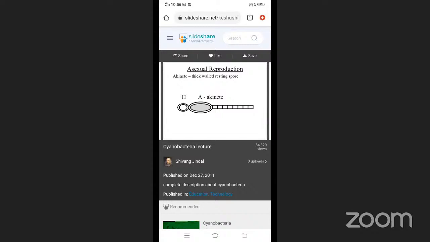So in the actinides, what happened here? Any intercalary cell or terminal cell of the thallus develops a very thick cell wall and dense cytoplasm. They go into a resistance period.